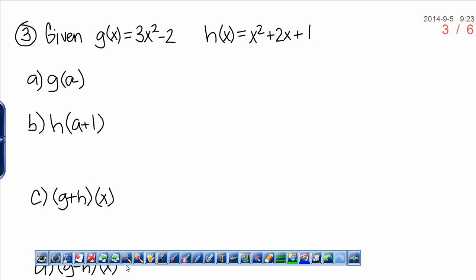Here are new functions. g of x equals 3x squared minus 2, and h of x equals x squared plus 2x plus 1. I want you to please do the first one, g of a.